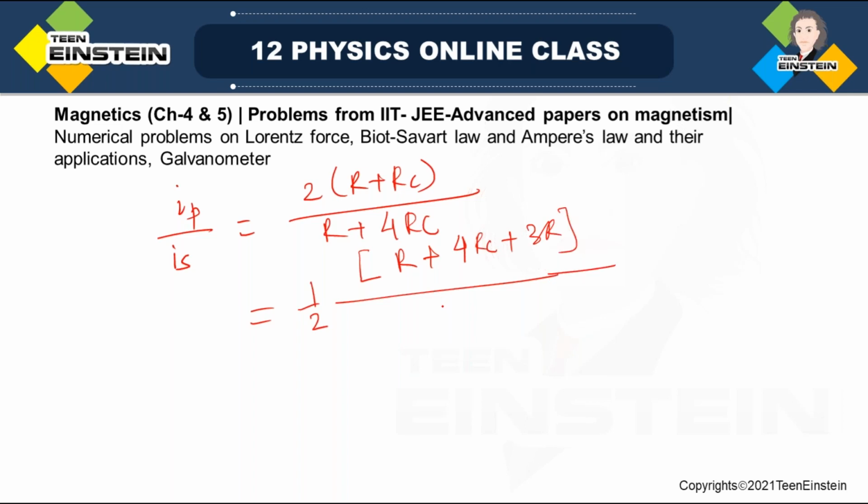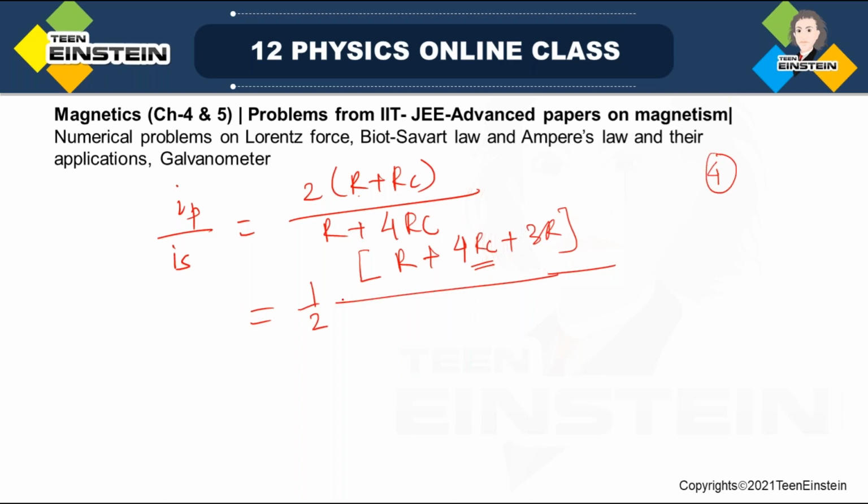Okay, if we do this, because we have just made it 4R, okay, 4RC, and this R. So we have actually made 4RC and 4. Actually, we have just multiplied by 4.